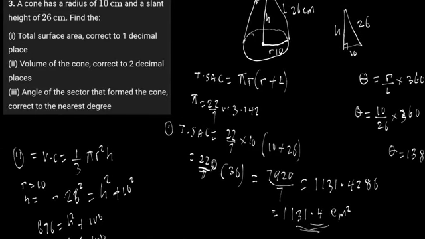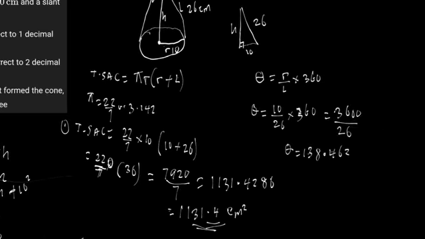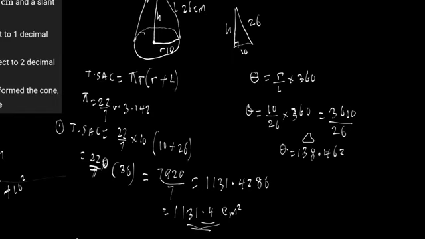The nearest degree means they are talking about the whole number. We don't need the decimal part because the angle does not have a decimal here. So theta is equal to 138 degrees. That is the answer to this question. The angle formed is 138 degrees, and that is the solution, guys.